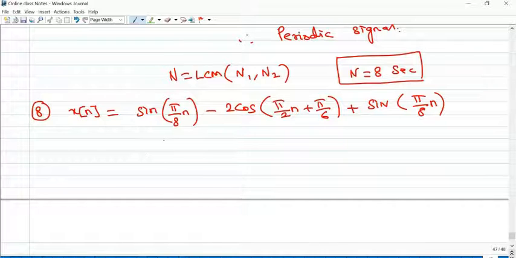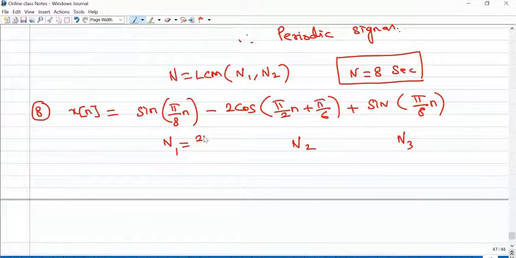So find N1, find N2, find N3, and N1 by N2 ratio, N1 by N3 ratio. So N1, 2 pi by pi by 8 dot m. So pi will be cancelled, 16 dot m. N2.